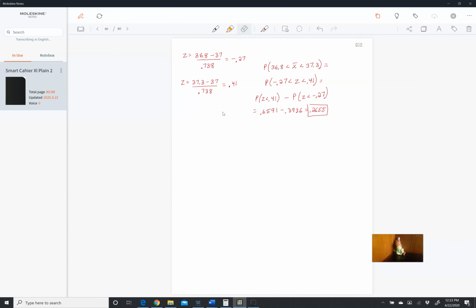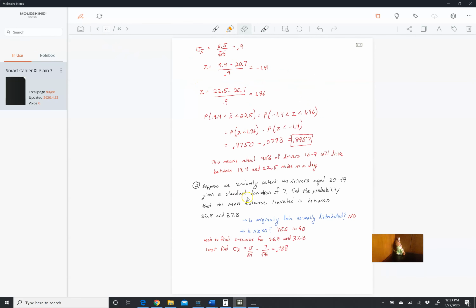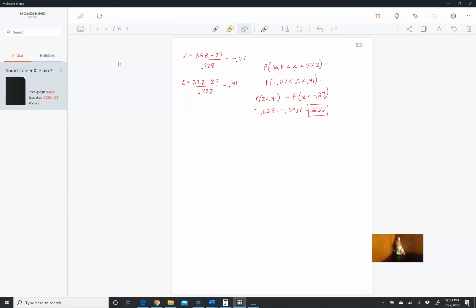Okay, this is the last instance. So in both of the examples that we just did, our sample was more than 30. Let's take a look at what the problem looks like when it does it in the other way. Okay. So we'll do one more example.